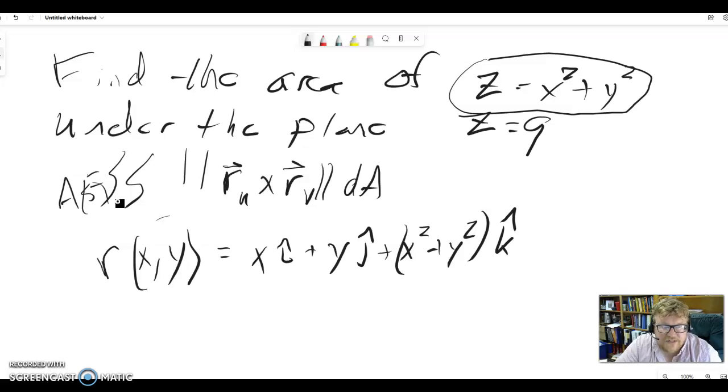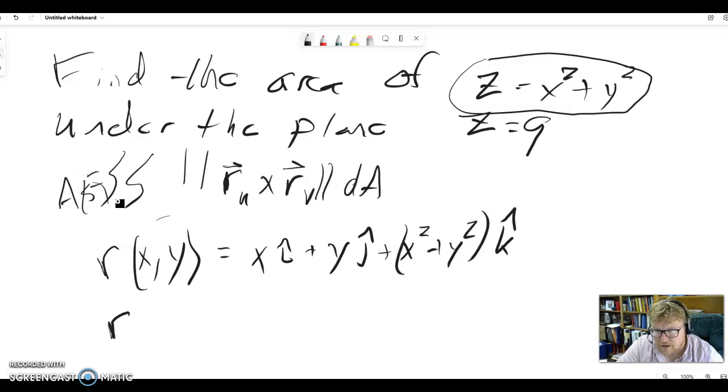The parameterization here is really straightforward. Remember, any surface area parameterization has to have two variables associated with it. This does. So this gives me the surface: x, y, and x squared plus y squared.